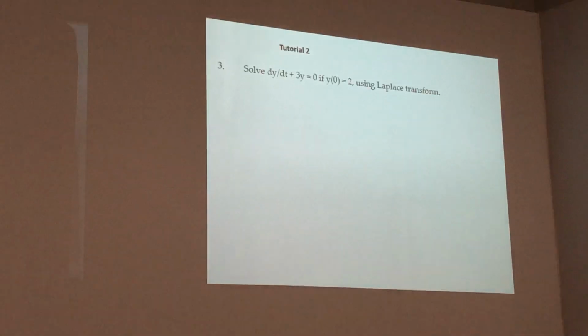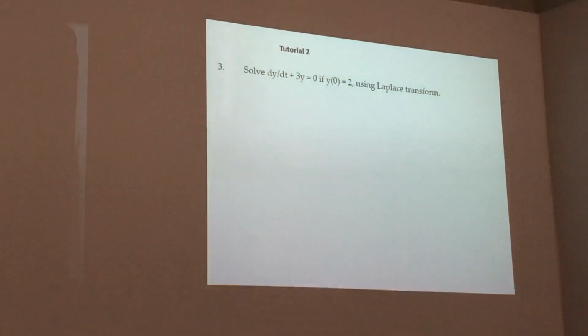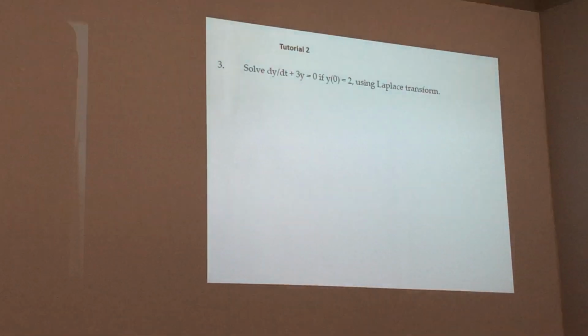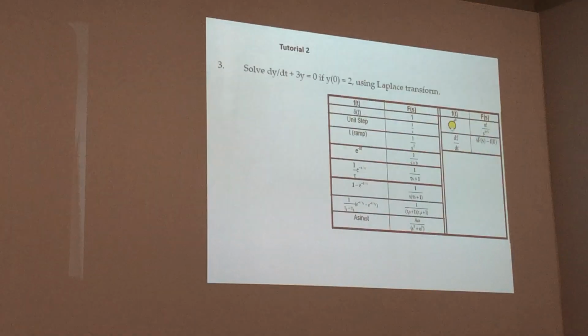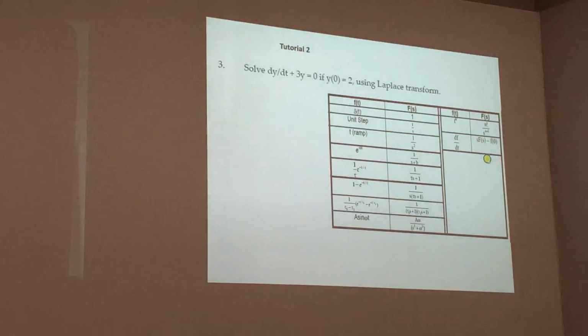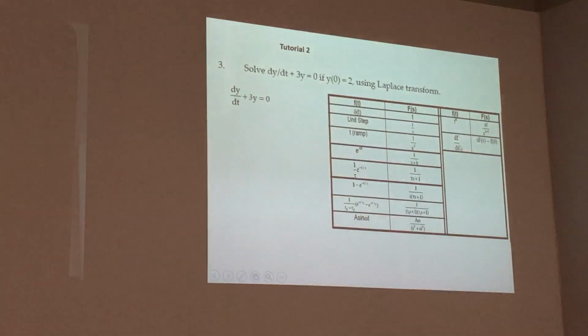How to do this? When you need to use Laplace transform, you have to do it term by term, right? So always have the table beside you, alright? So the first part is dy/dt. dy/dt is this one that we need to use, right? But now my function is y. So when I transform dy/dt, it becomes what?